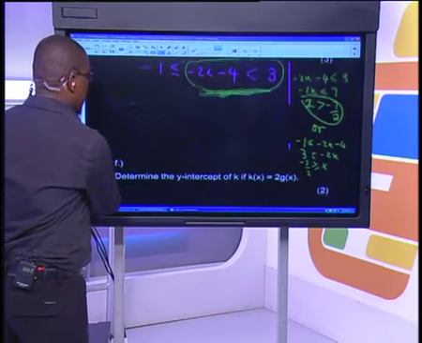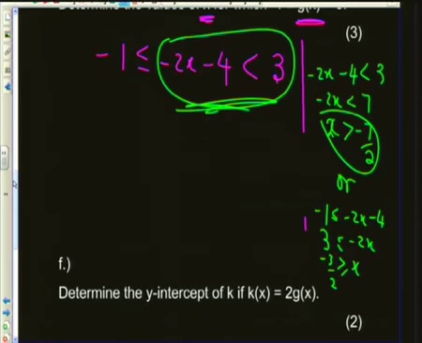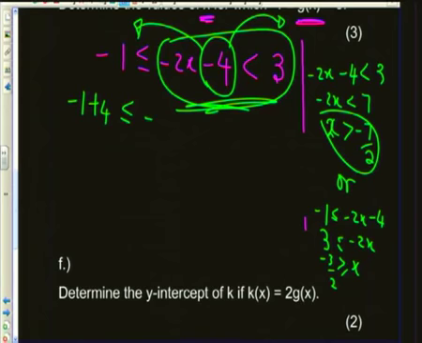So now what you can do, grade 10s, is because this function is shared between -1 and 3, you can take your -4 across on both sides. So we share the -4. I will have -1 plus 4, and then minus 2x, and then 3 plus 4.